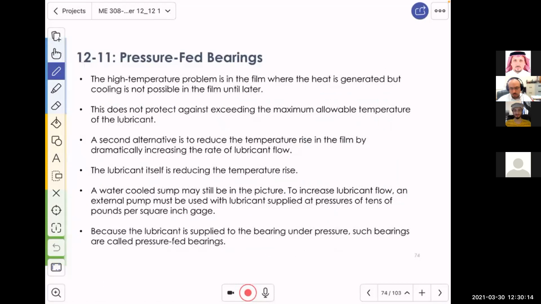Now, with respect to the pressure fed bearings, what are we going to do, basically? First of all, the concept here is very simple. You discover that there are possibilities in some situations that this little tiny film, the temperature might reach a limit which is beyond the recommended value.